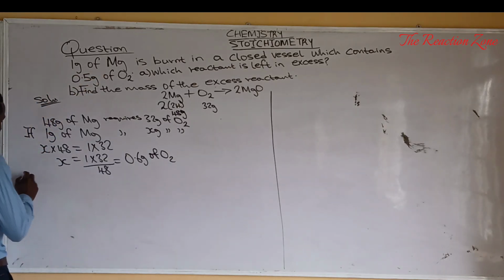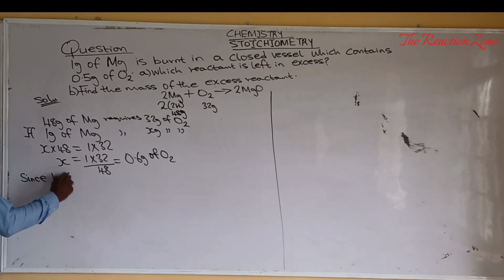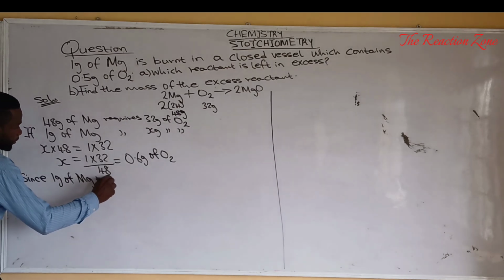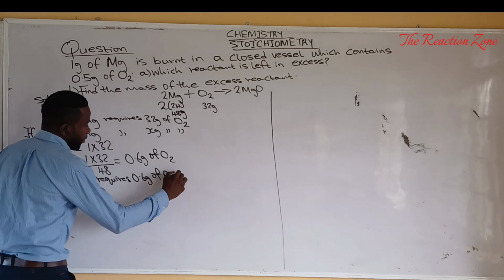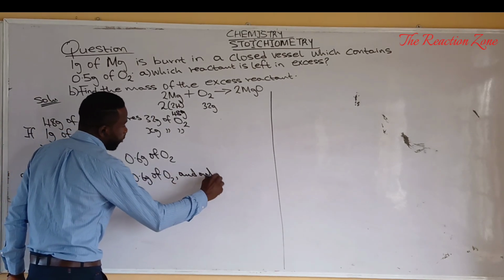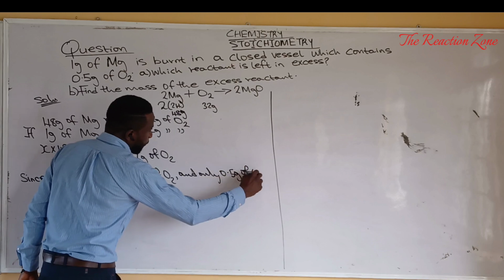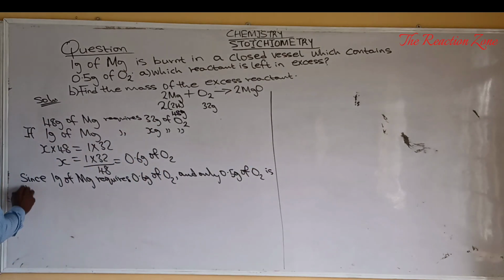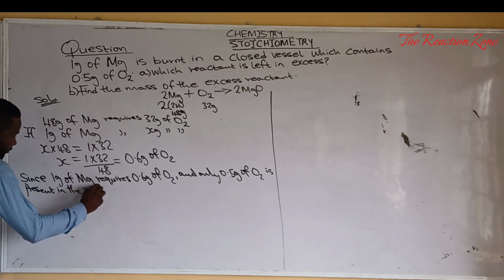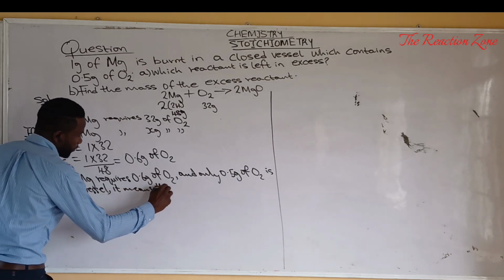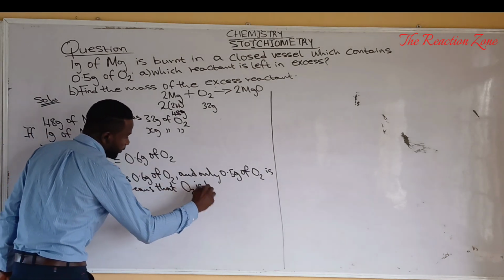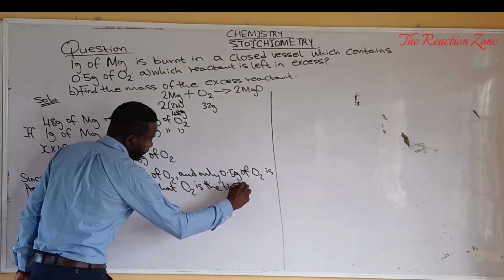So we would say, since 1 gram of magnesium requires 0.6 grams of oxygen and only 0.5 grams of oxygen is present in the vessel, it means that oxygen is the limiting reagent.